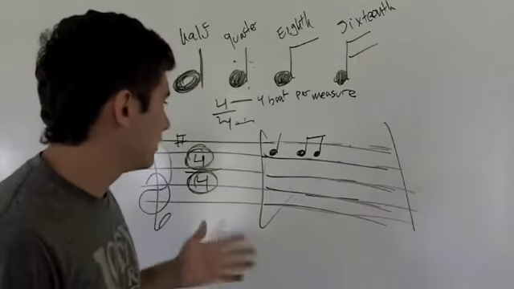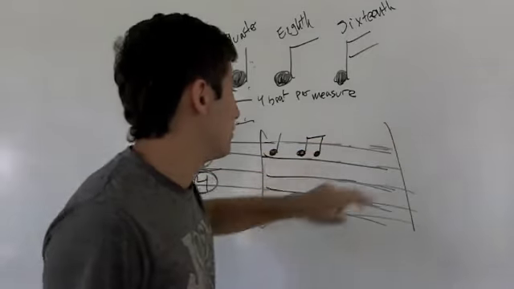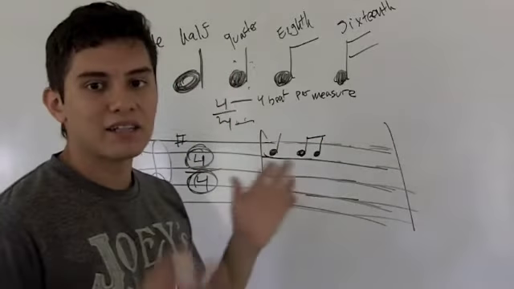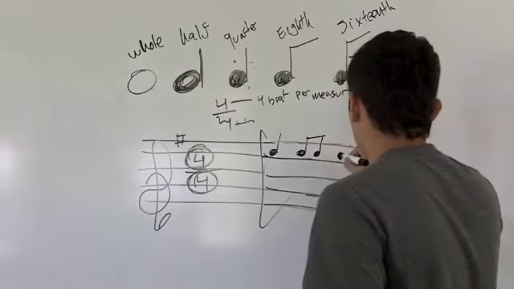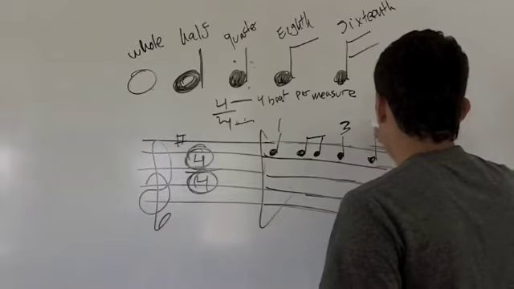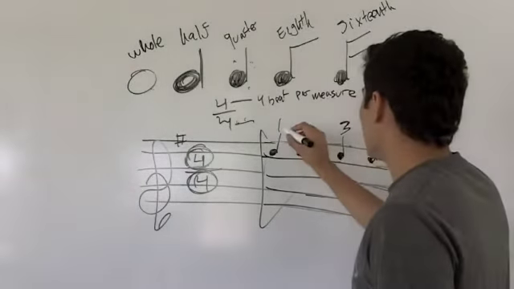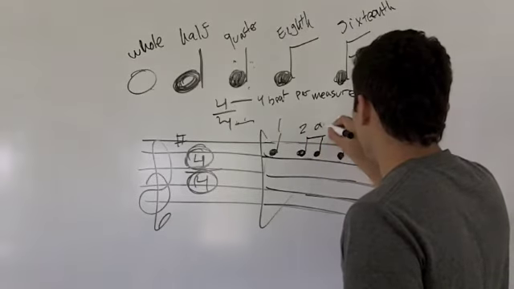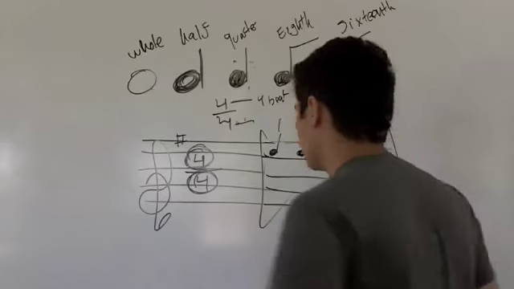Normally if you're just using quarter notes, you would go 1, 2, 3, 4. But because we're using eighth notes, it divides that one beat. Let me draw out two other quarter notes so that you see it. This would be 1, this would be 3, this would be 4. It divides that one beat into two separate parts. So now you have 1, 2, and 3, 4. 1, 2, and 3, 4 is really weird to count out.